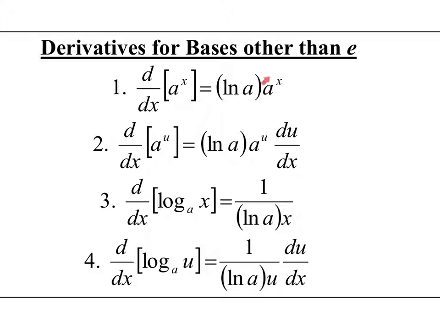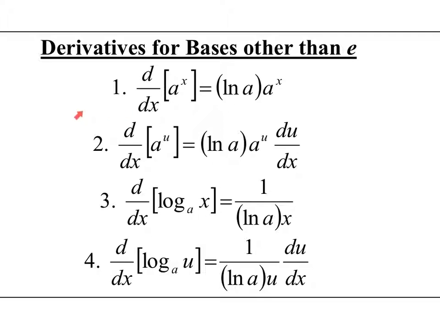Okay, so it's the same rules as e to the x, but you're multiplying both of them by the ln of a. Okay, and then with a log with a base other than e, it's going to be 1 over x times ln of a. Notice it's in the denominator. And with log base a of u, it's 1 over u ln of a times du dx. So again, we have the chain rule there.